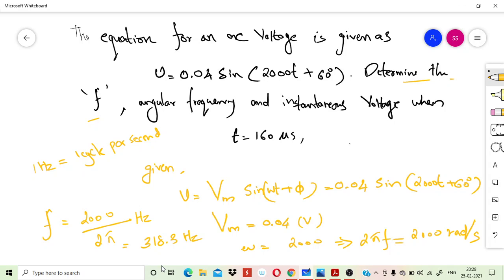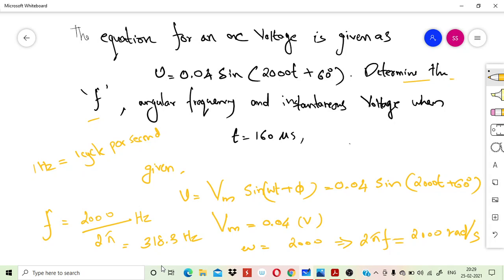For 1 second you will get 318.3 cycles, that means 318 full cycles and 0.3, that is 30% of another cycle. That is what is meant by the frequency of the waveform.